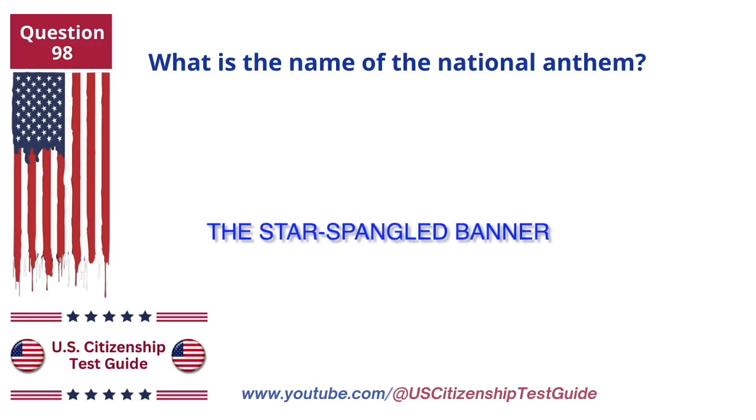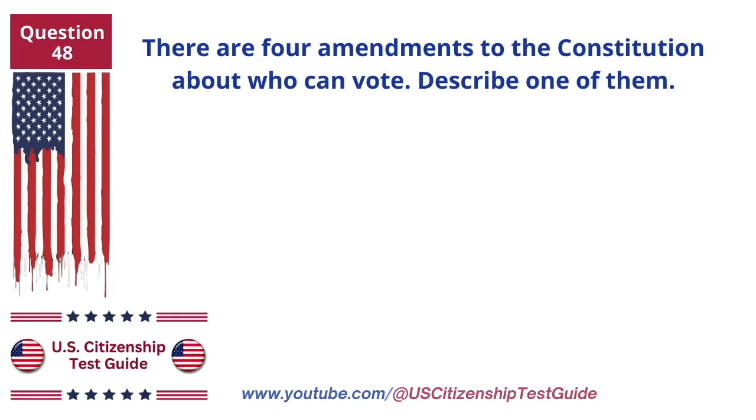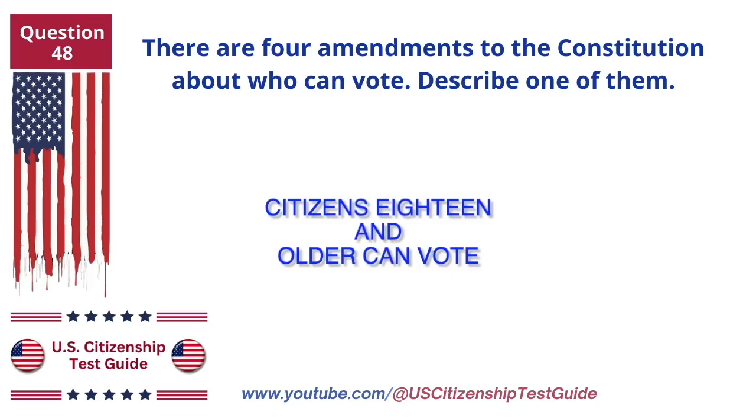The Star-Spangled Banner. There are 4 amendments to the Constitution about who can vote. Describe one of them. Citizens 18 and older can vote.